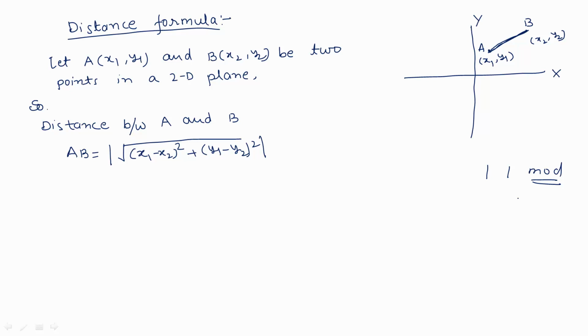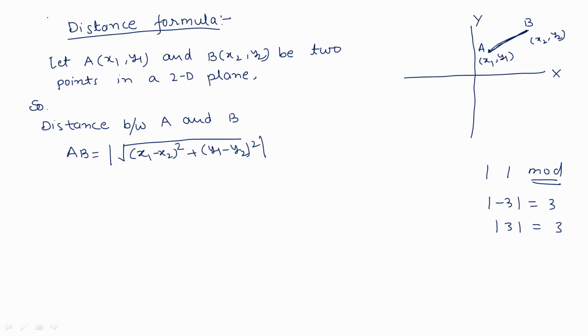Like the value of mod 3 is 3 and the value of mod minus 3 is also 3. The mod is used in the distance formula because distance can never be negative. Distance always gives a positive value.